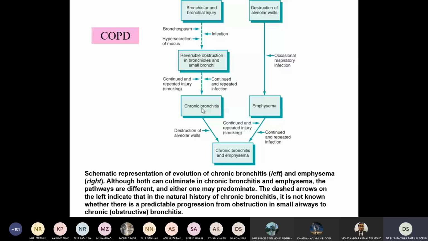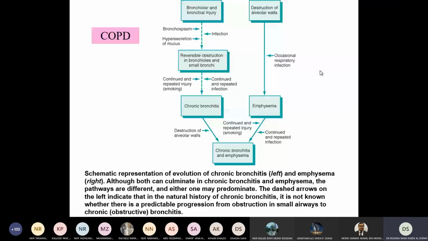Together with chronic bronchitis, if there is destruction of the alveolar wall, it also leads to emphysema. Likewise, in emphysema with destruction of the alveolar wall, continuing injury from smoking and repeated infection also lead to chronic bronchitis. So finally they are all together, and the patient may have both conditions, chronic bronchitis plus emphysema. Okay, understood.